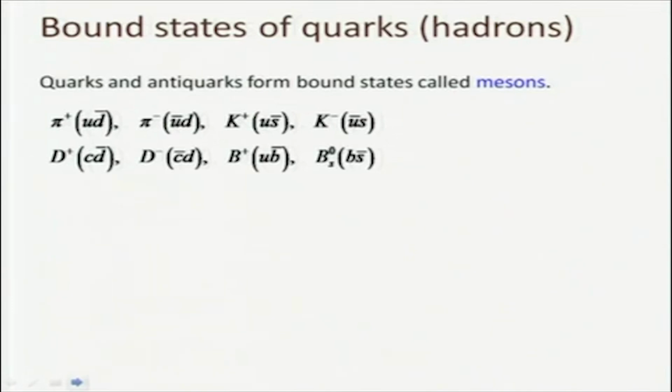If you look at the quark contents of pi plus and pi minus, instead of the u quark its antiparticle is there, and instead of the d antiquark you have a d quark. So, therefore, pi plus is an antiparticle of pi minus.